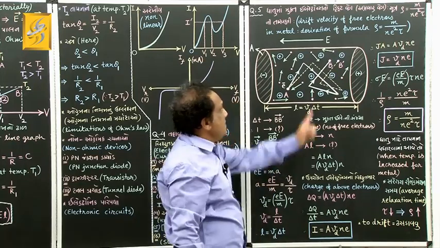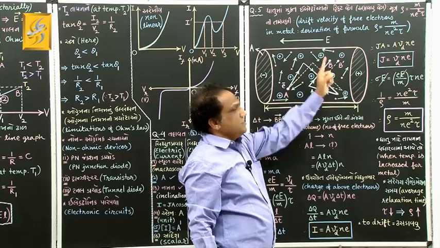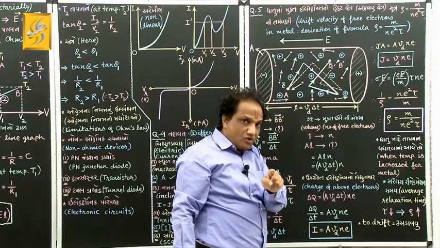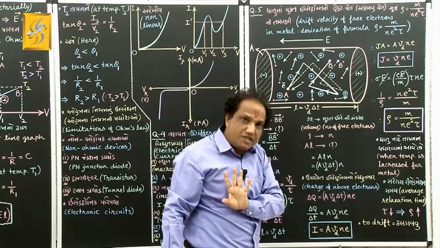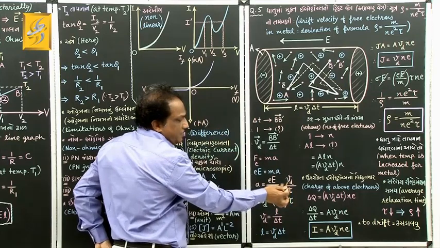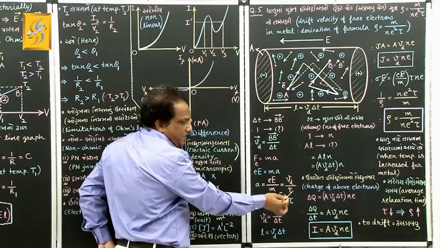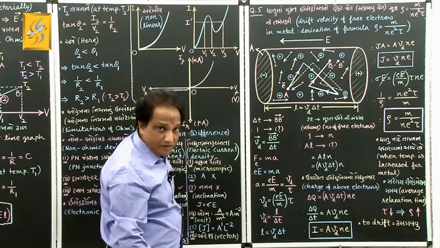So between two consecutive collisions, the change in velocity of the electron is just equal to drift velocity. So I am taking change in velocity equal to drift velocity divided by the corresponding time interval.